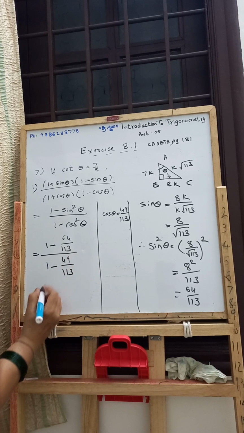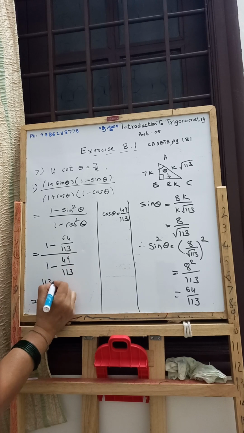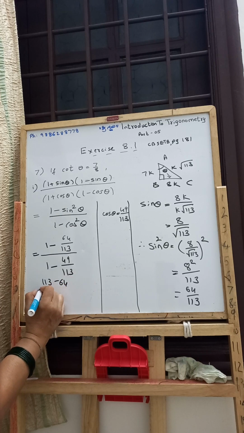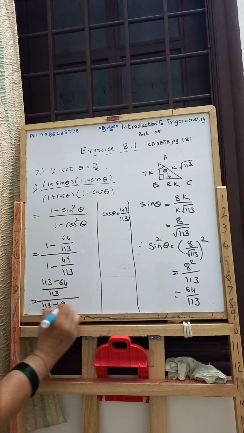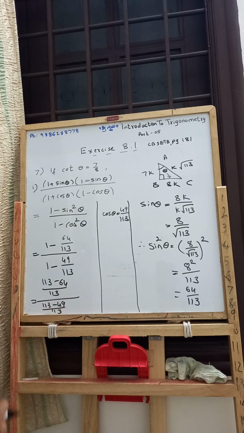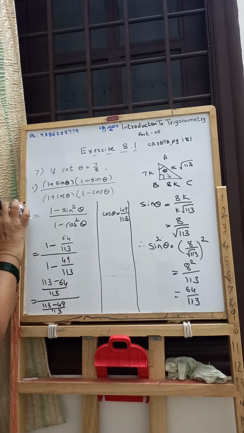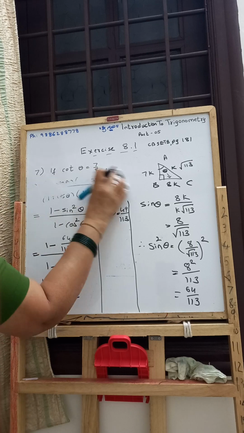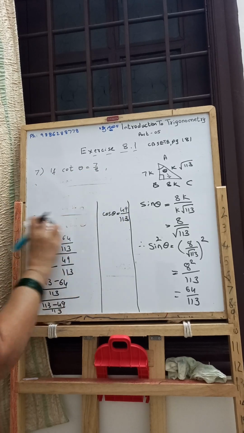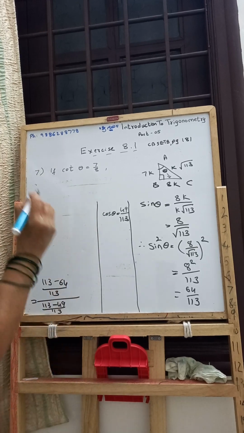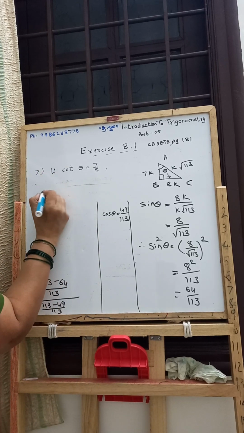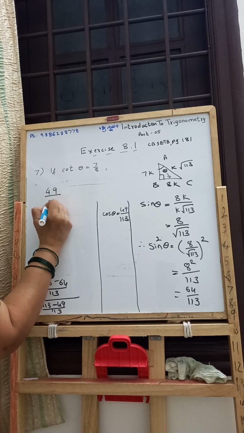By taking LCM, we can write 113 minus 64 divided by 113 whole divided by 113 minus 49 divided by 113. This we can further solve and get the value as 49 upon 64.